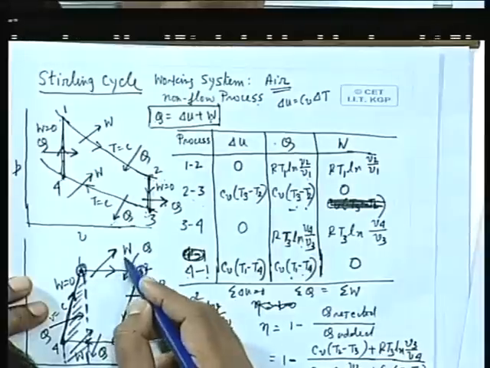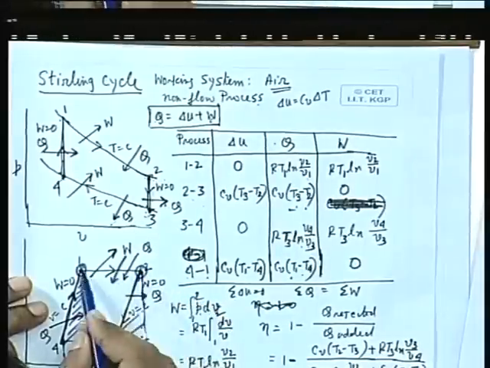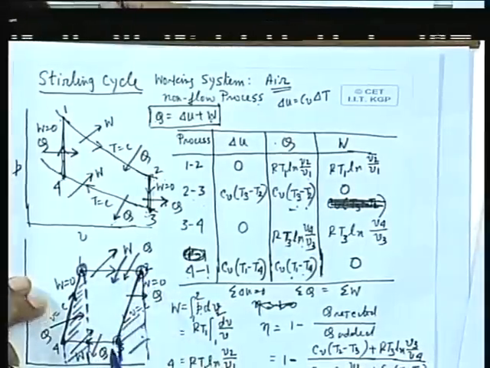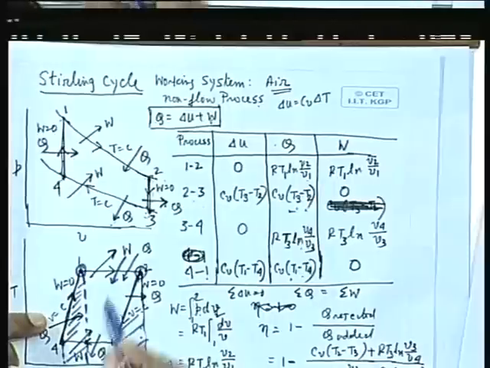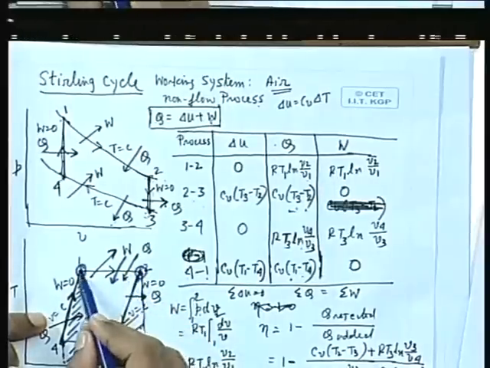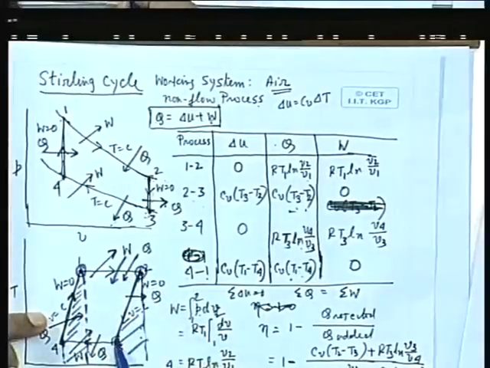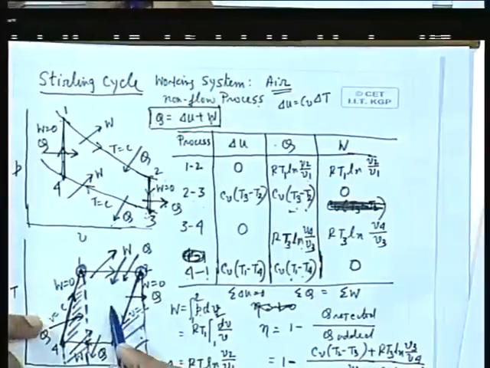So the only heat transfer from outside is in the isothermal process 1-2, where heat is added, and the isothermal process 3-4, where heat is rejected. Therefore it becomes almost a Carnot cycle, not exactly.